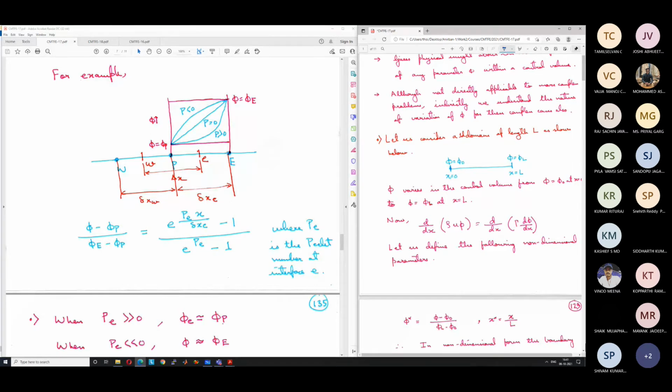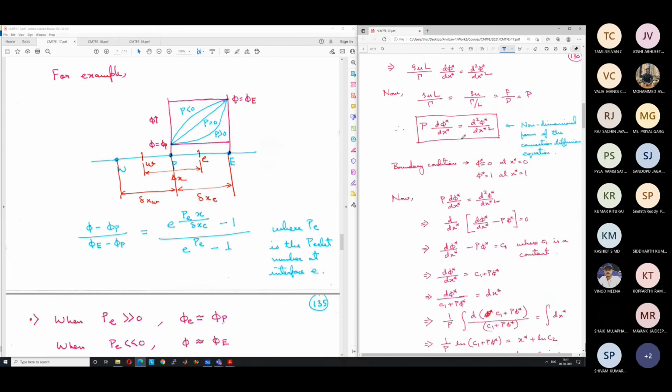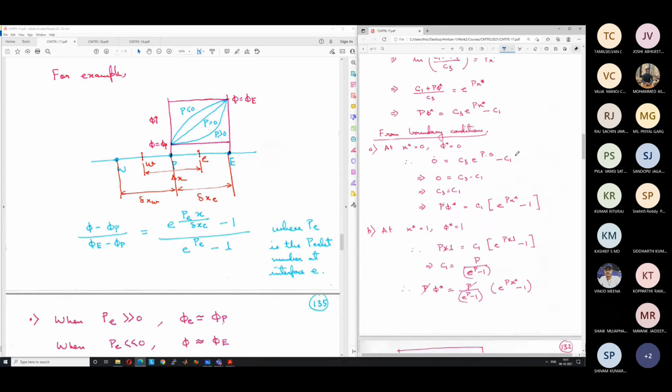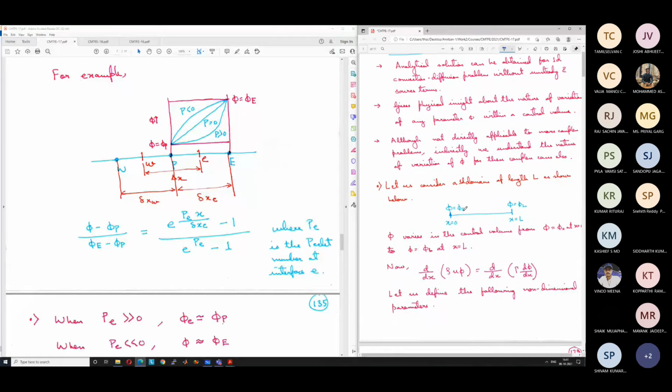So based on these values, we want to find out the value at the interface. So if we know the variation between two adjacent grid points, we can find the value at the interface. So to find the value at the interface, we can use this expression that we have derived. Okay. So we are using this expression because we know that this will be the variation between these grid points. So what were our boundary conditions there? Phi is equal to phi 0. Yes. So L is not constant. It depends from equation to equation.